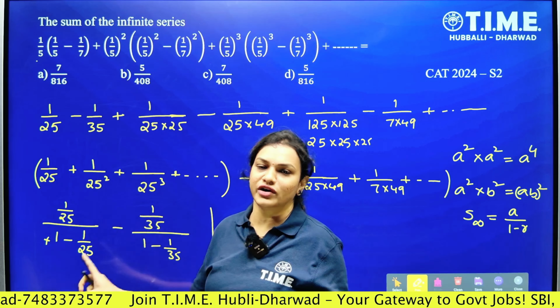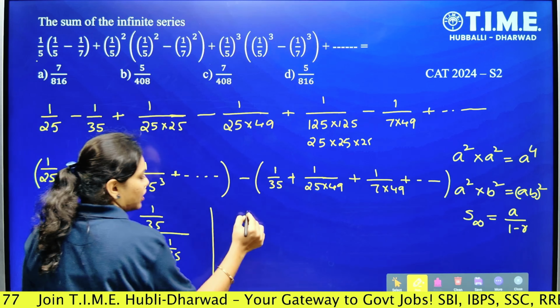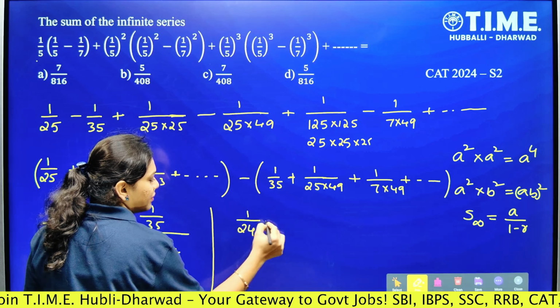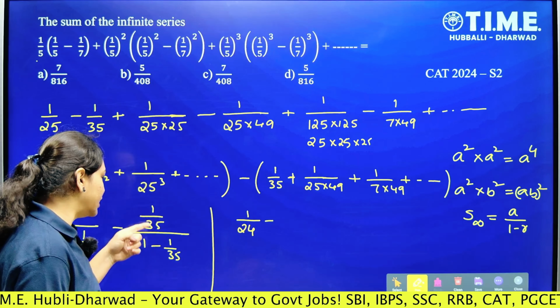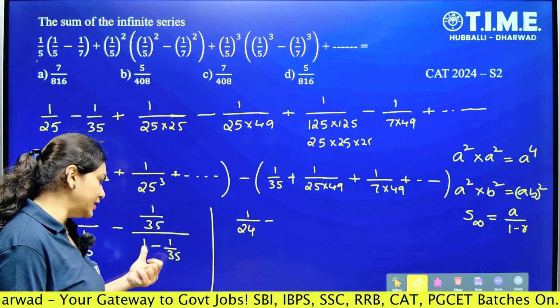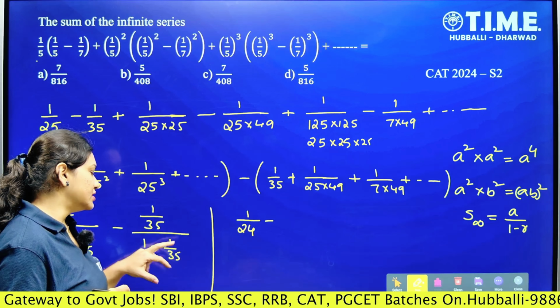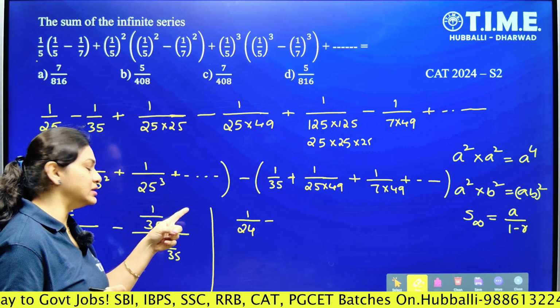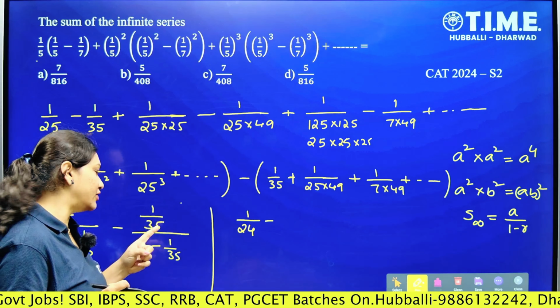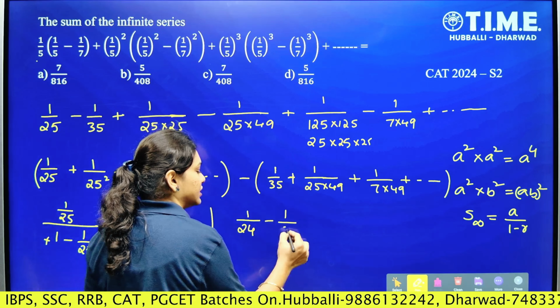The 25 will get cancelled, and what we are left with is 1 upon 24. That simplification you can do yourself. Then minus, it is 1 upon 35 upon 1 minus 1 upon 35. So 35 ones are 35, minus 1 gives us 34, so 34 upon 35. Just flip it, cancel out the 35 and 35, and it is 1 upon 34.